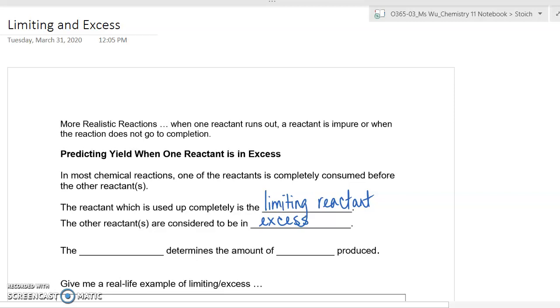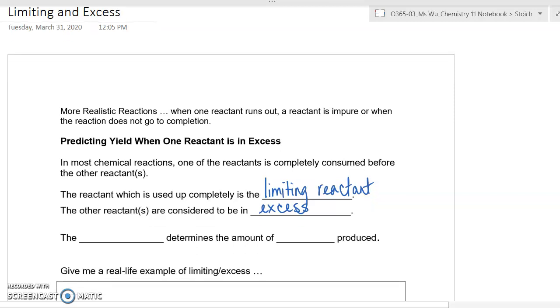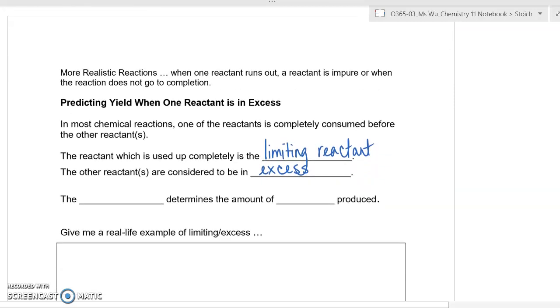So there will be some of that excess reactant left over. Of course, it is our limiting one, the one that runs out first, that determines everything. That determines the amount of product that we are going to produce at the end.